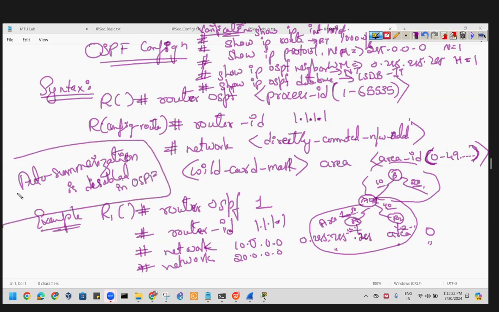Auto summarization is by default disabled in OSPF, so you don't need to give auto-summary. Clear?